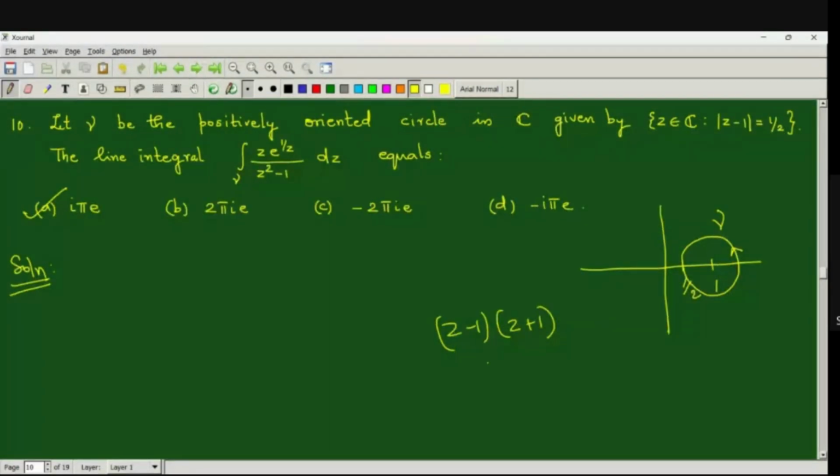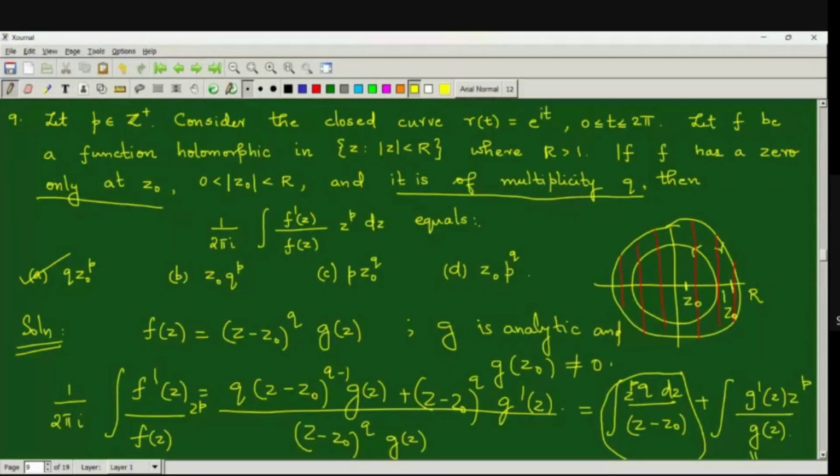Ma'am, where was it wrong? I did not get it. Okay, so we assumed that mod Z naught is less than 1. Then only we could do this thing. What if mod Z naught is greater than 1 and less than R? Then there is no singularity inside this circle, right?